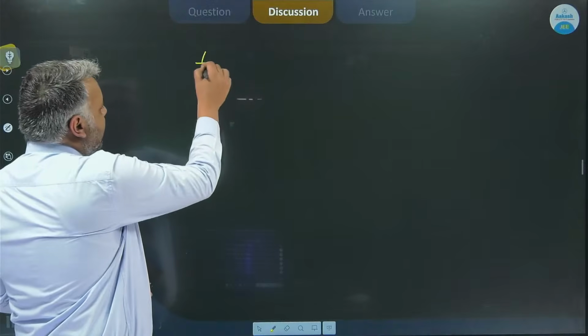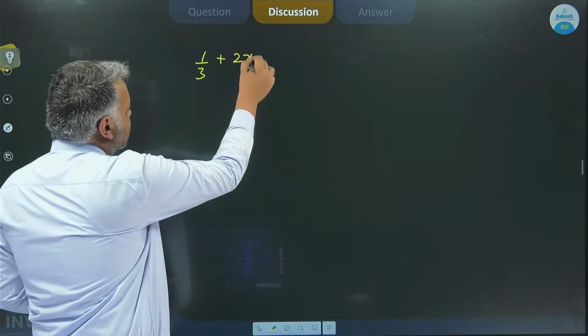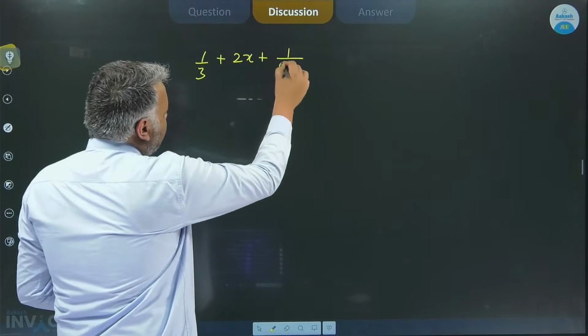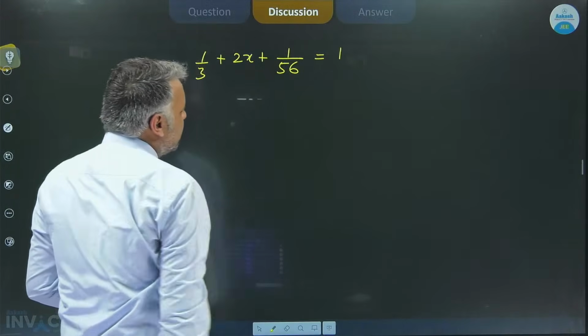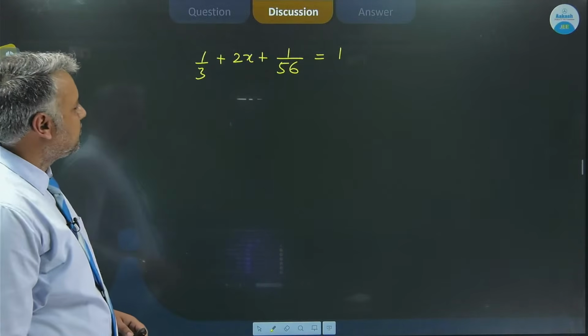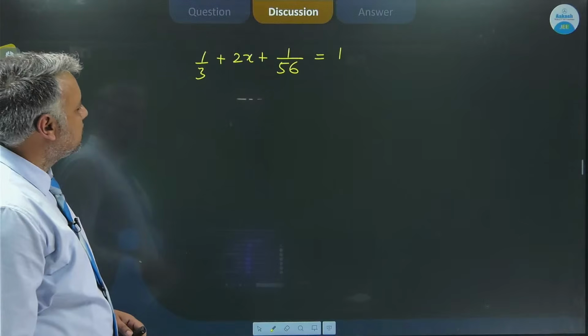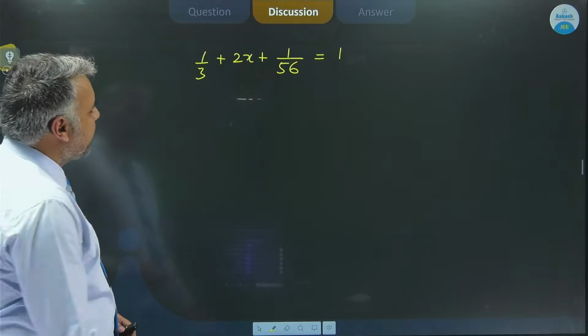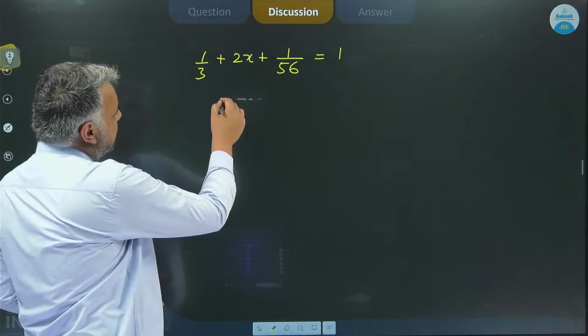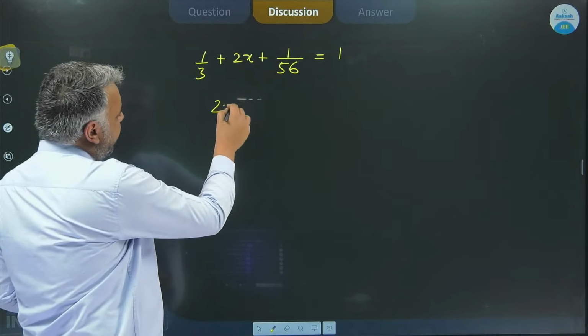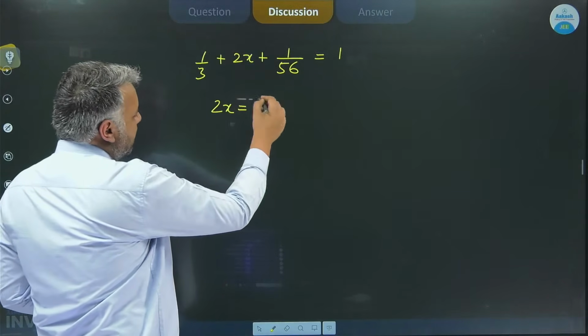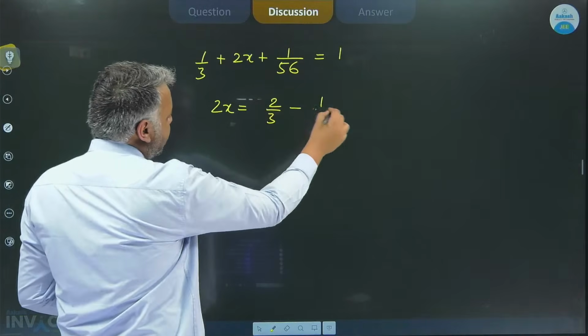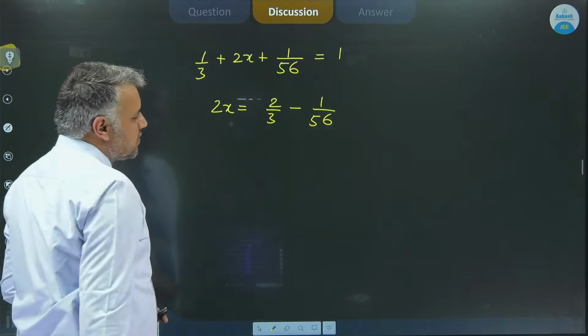So 1 by 3 plus 2X plus 1 by 56 is equal to 1. Okay. So subtracting this, we'll get 2X is equal to 2 by 3 minus 1 by 56.